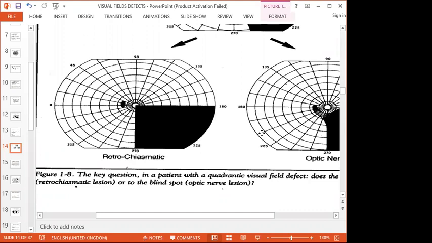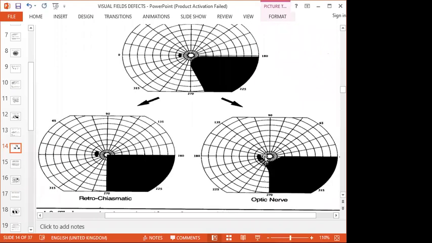For example, this one is going to the blind spot, in the center. Blind spot, any point of fixation.